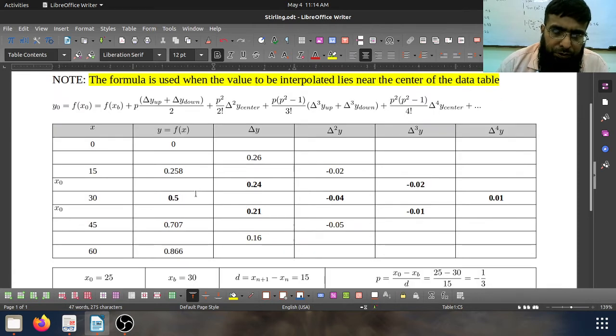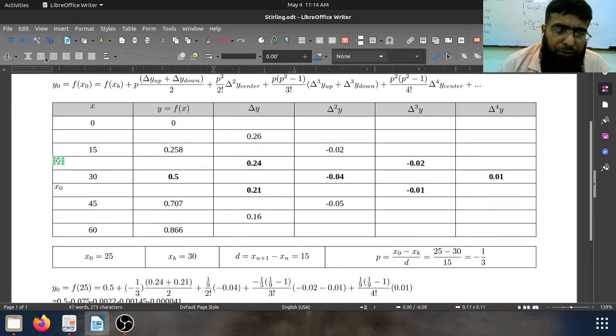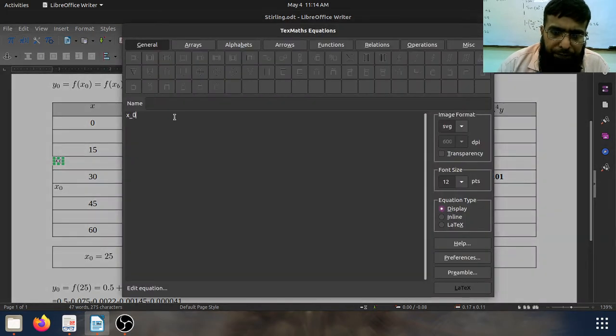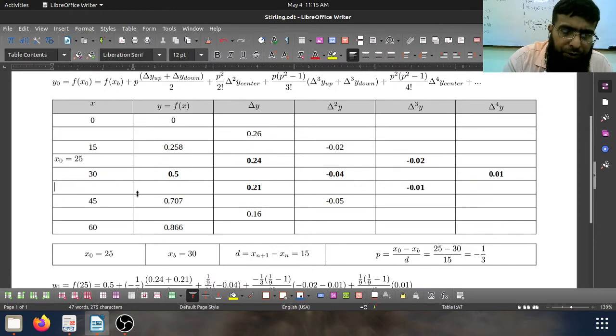So it seems quite simple, and we are given x naught is equal to 25. This is the value of x for which we have to interpolate y. Of course, the base value would be the closest value, and that is in the center, 30.